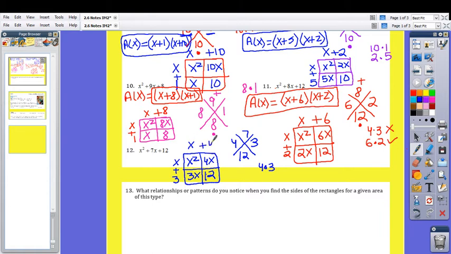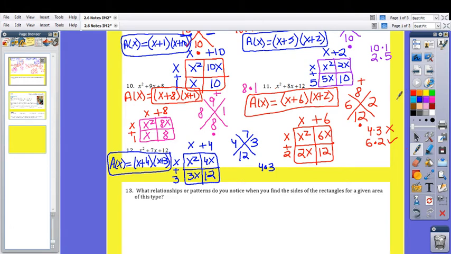This will be 4 because 4 times x gives you 4x. 3 times 4 is 12, which you have. So our area in terms of product of the sides will be x plus 4 and x plus 3. Okay, this is how we do it.